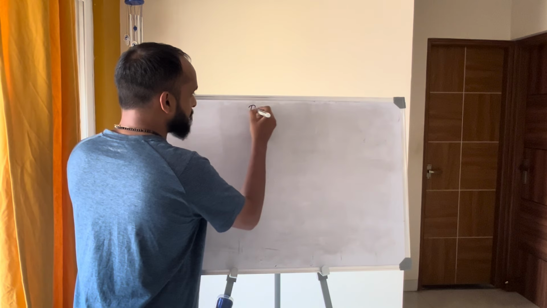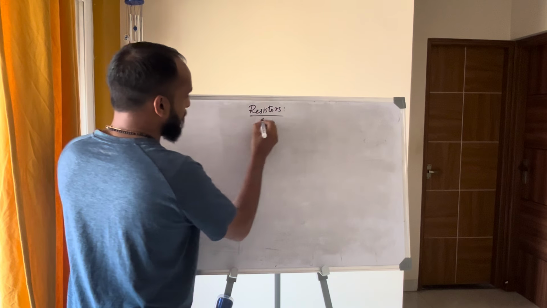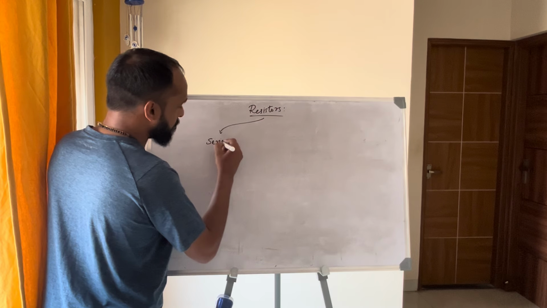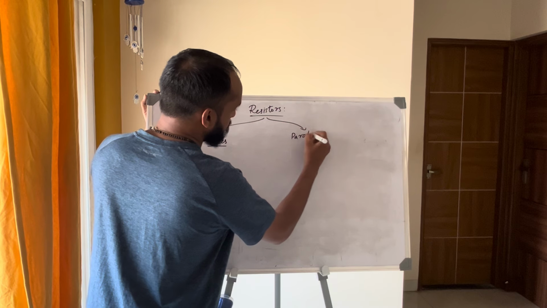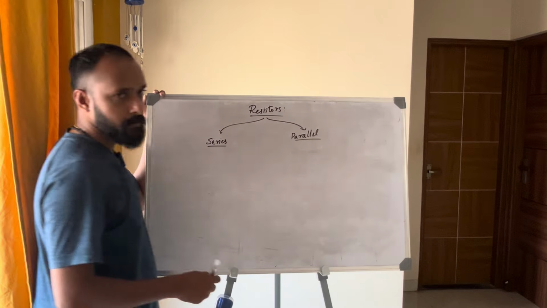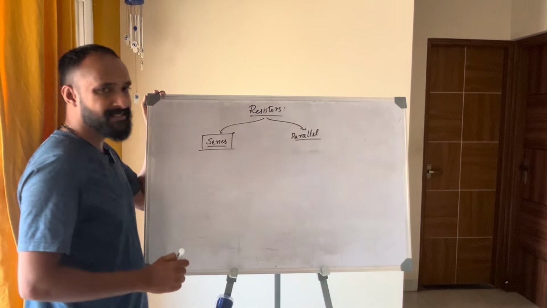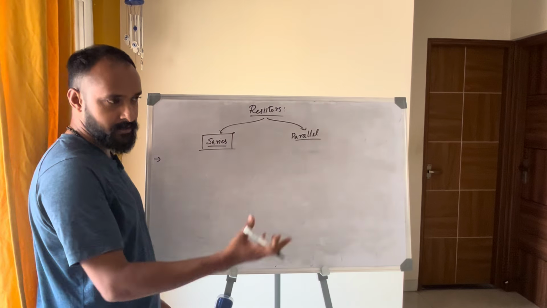So if you have resistors, let's say a couple of resistors, according to the textbook right now, you can either connect them in series or you can connect them in parallel. Clear? In this video we will be focusing mainly on series, and as the name suggests, how do you watch a series? Let's say Stranger Things or Money Heist.